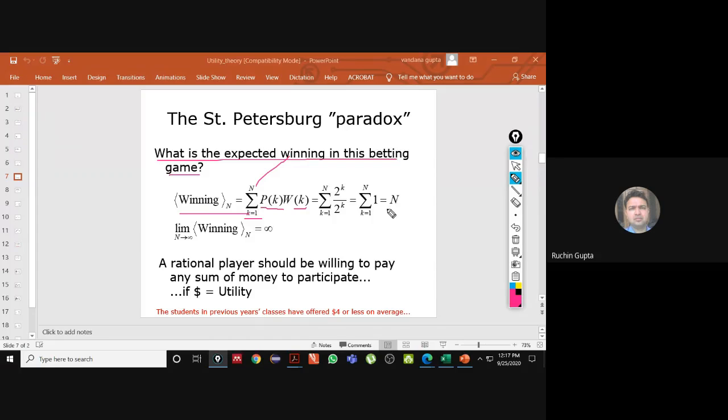So this will be given by this, and this is coming to be equal to n. Right? And you know that if n is tending to infinity, then the amount of money you can win is also going to be infinity.